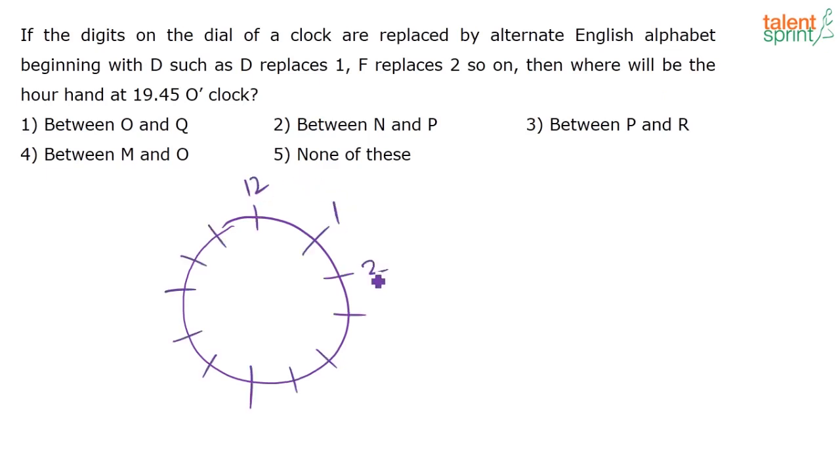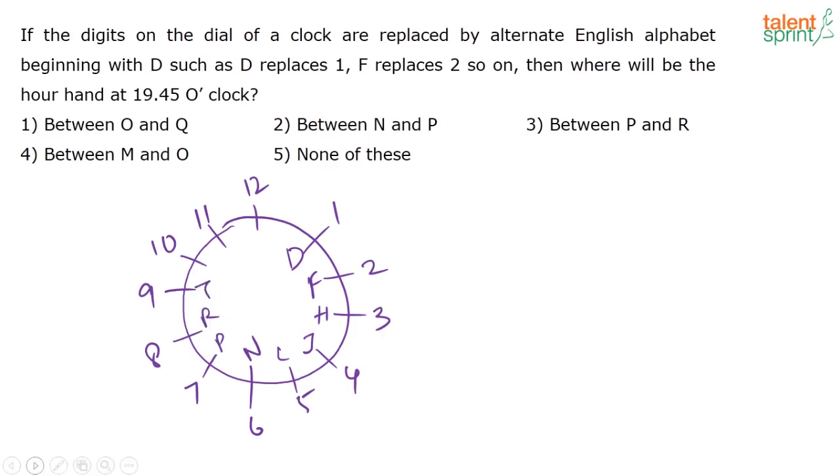So what are the hands of the clock? 1, 2, 3, 4, 5, 6, 7, 8, 9, 10, 11 and 12. Now D replaces 1, correct? F replaces 2. So this is going to be what? E, F, G, H, I, J, K, L. This is going to be N, and this is going to be P, R, T. Now let us not fill the remaining.